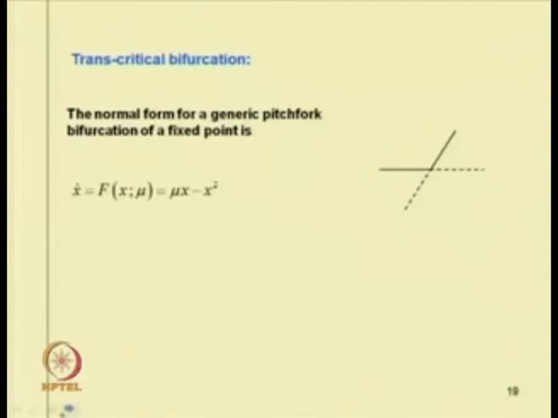Similarly, we have previously studied the transcritical bifurcation point, where before bifurcation we have a stable and an unstable branch, and after the bifurcation the stable branch becomes unstable and the unstable branch becomes stable. That means they have interchanged their stability. Though the number of branches remains the same, the change in stability occurs in the system. Due to this change in stability, this is known as the transcritical bifurcation point.